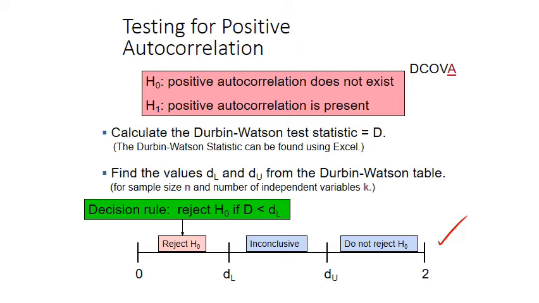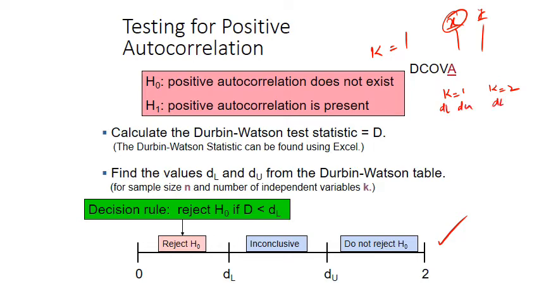There is a table at the back of the book with k equals 1, k equals 2, where k represents the number of independent variables. Like here in our example we have x and y, we have only one independent variable, so k equals 1.